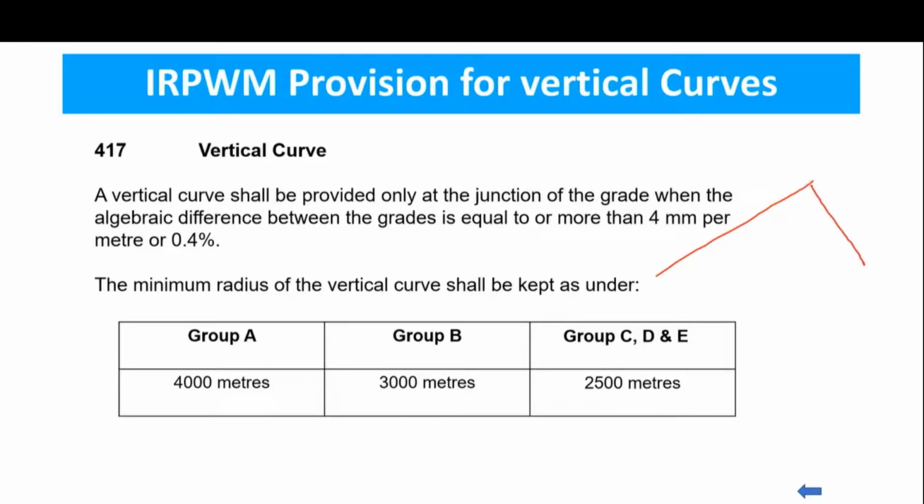If this change of grade is more than 0.4%, then we are required to provide the vertical curves. For group A, the radius is 4000 meters, for group B the radius is 3000 meter, and for groups C, D and E it is 2500 meter. Vertical curves of this radius are to be provided.